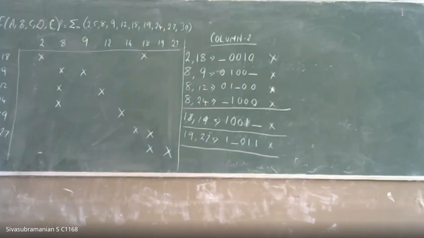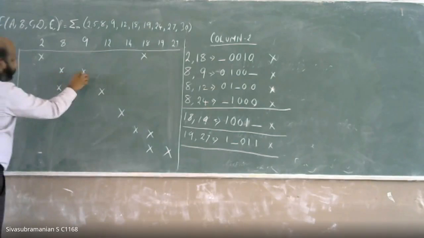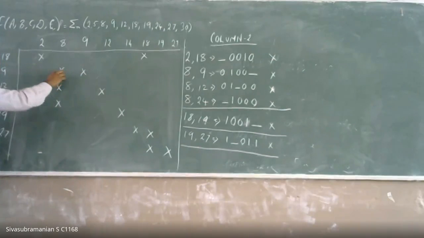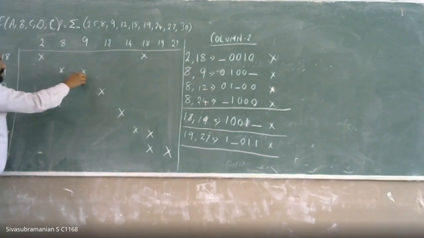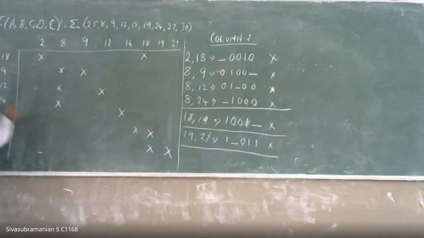Looking at this, you will find a pair of values like this. This cannot be dropped because there are no other cross marks available. So this has to be there. When I look at these two cases, this is okay with the other 2 cross marks available with the subsequent minterms, but this is available only once. So this again cannot be dropped.